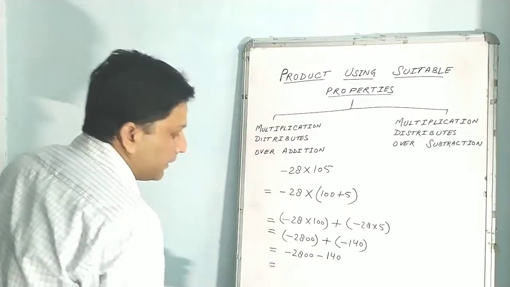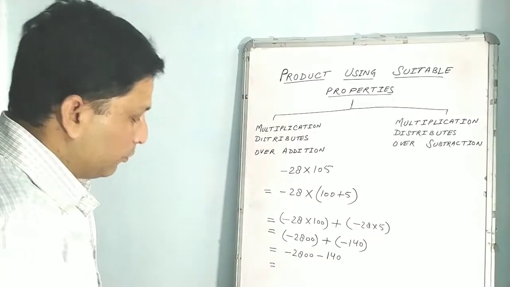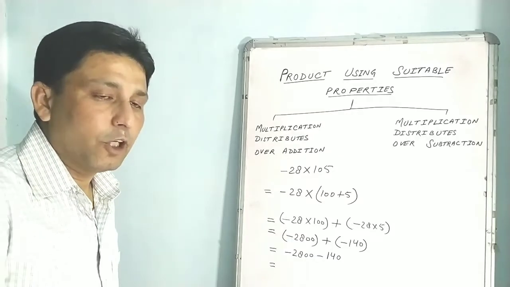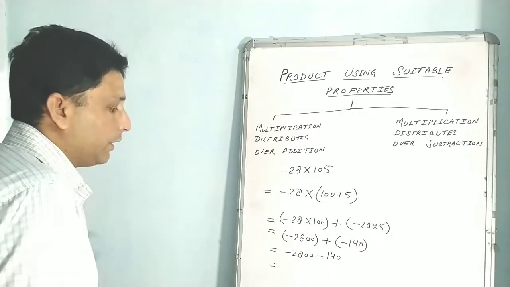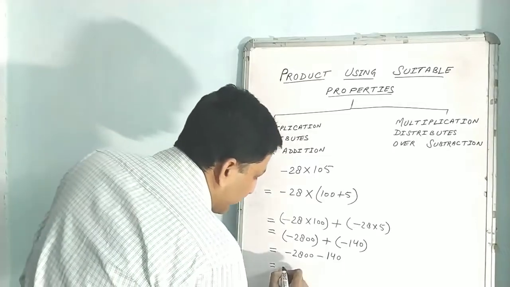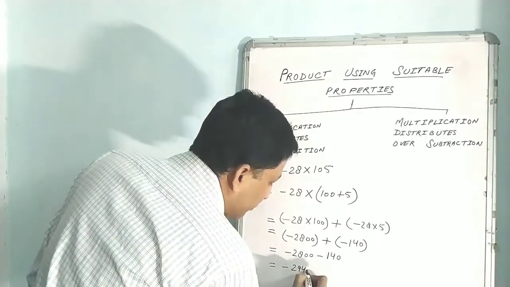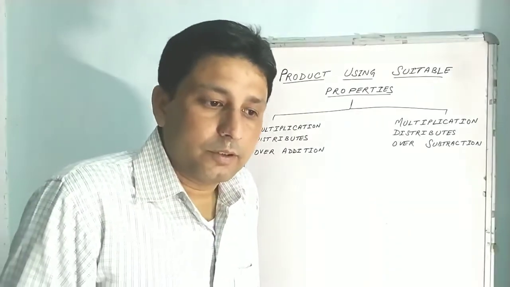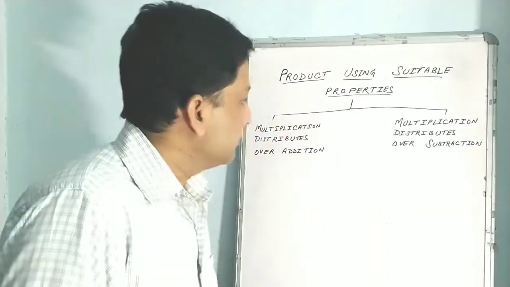And here you know very well that whenever both integers are negative, they are in the addition form along with the minus symbol. So here after addition we will get minus 2940. That is the answer. Hope you understand this property. Now moving on, let's take another example.